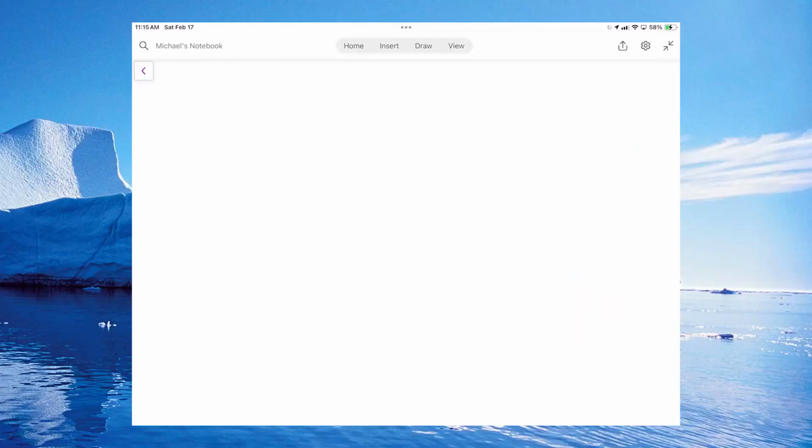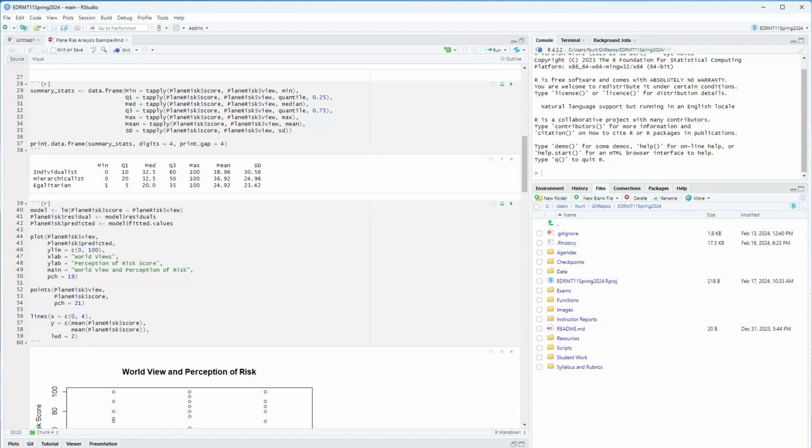So we write this as our contrast is between the mean of the individualist being estimated, and the mean of the egalitarian being estimated. And then, of course, for this, we can actually fill in the specific means. And so we had for individualist 38.96. Let's just call that 39.